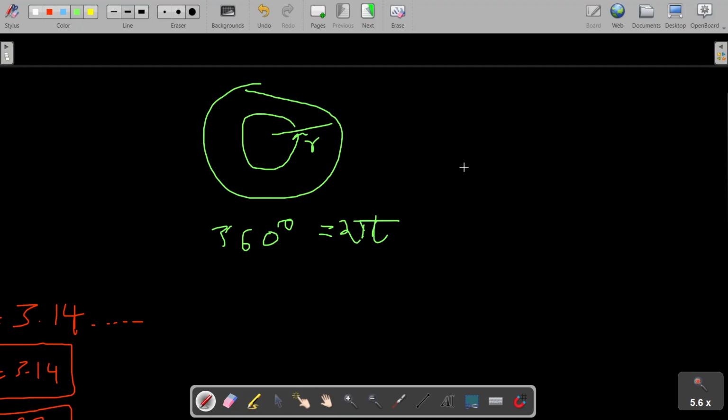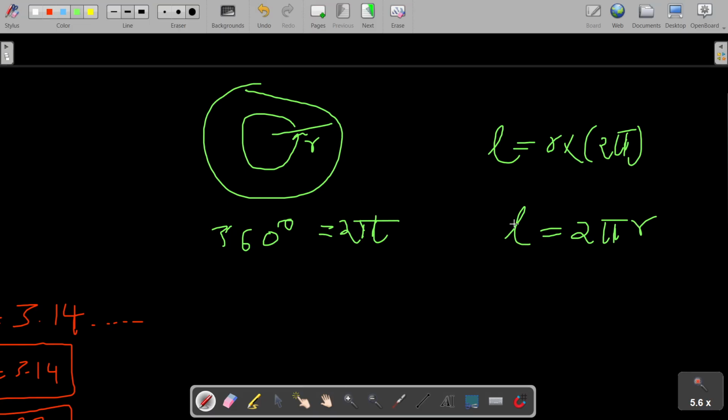And we know that to find the whole length of this circle, we can use radius times the angle. The angle is 2 pi. Remember, we have to use angle in radians. So we get the length of the circle as 2 times pi times r. And the length of the circle is also known as circumference.